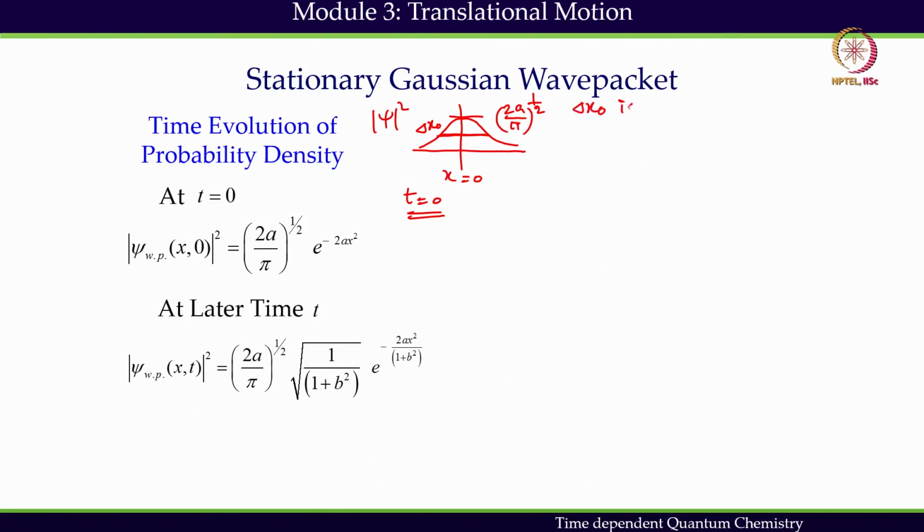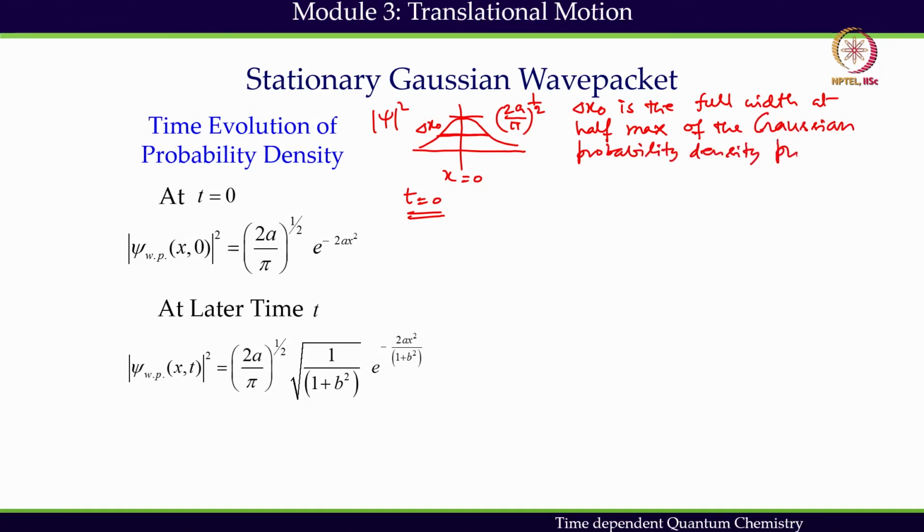And delta x naught is defined as the full width at half maximum of the Gaussian probability density profile.